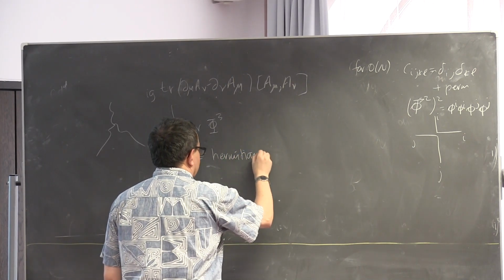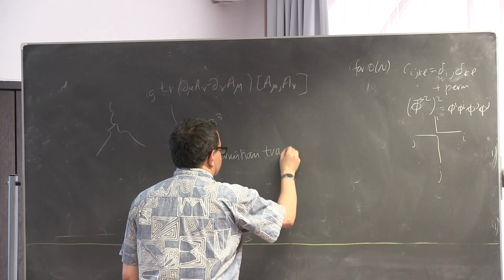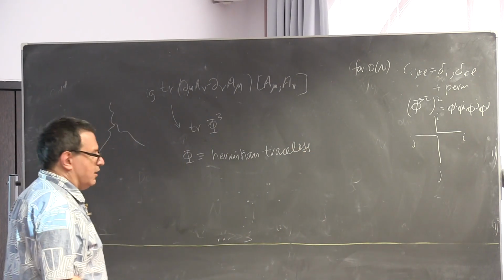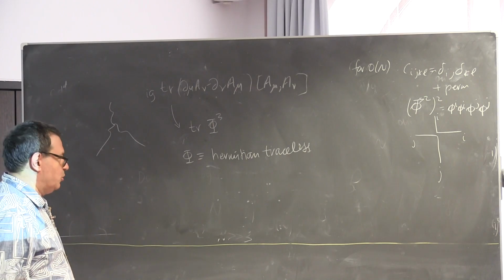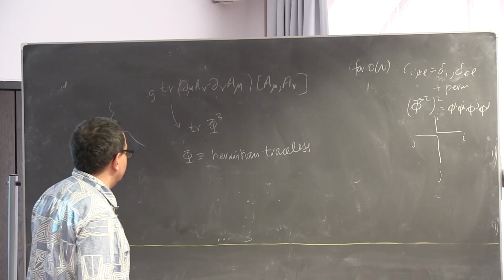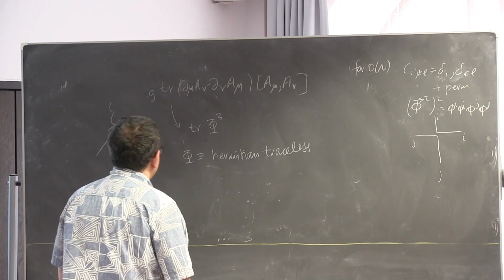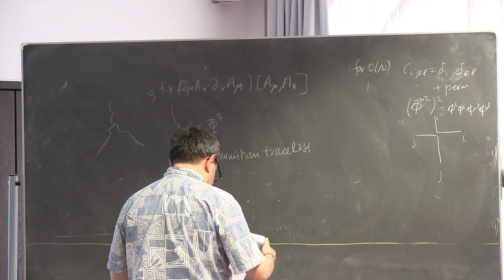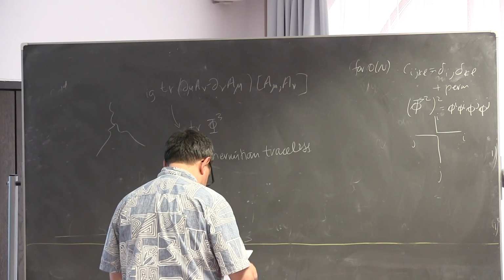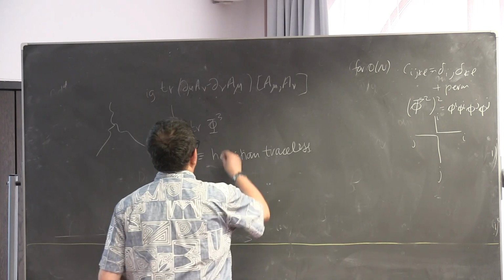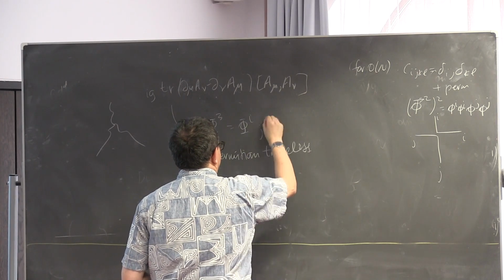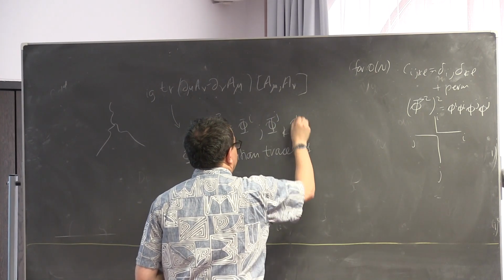Hermitian traceless matrix, but the tracelessness can be ignored because it's a difference between SU(N) and U(N), which disappears in the large N limit, right? Then you see that this can just be written as phi_ij, phi_jk, phi_ki.